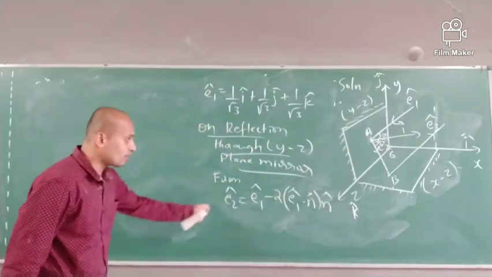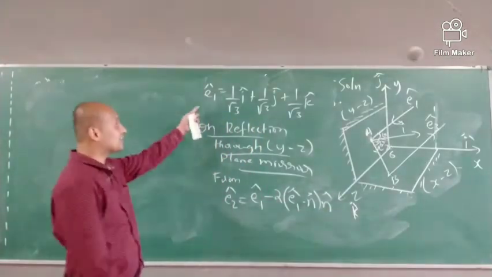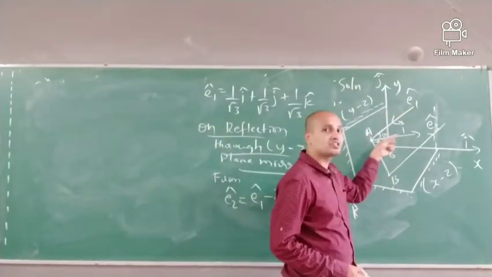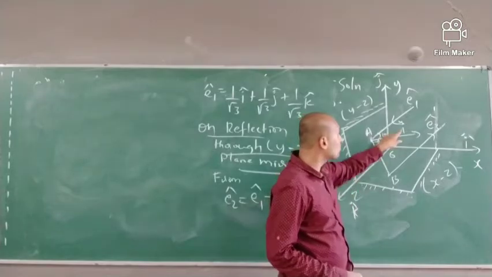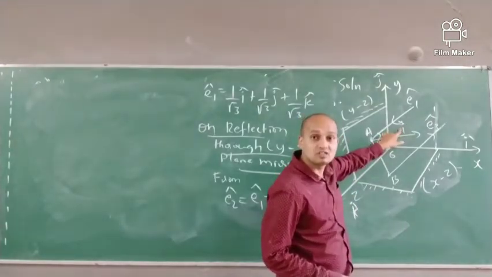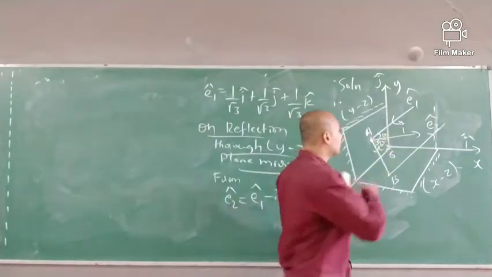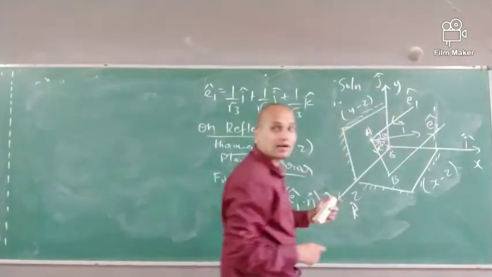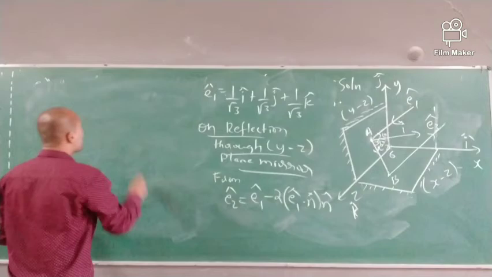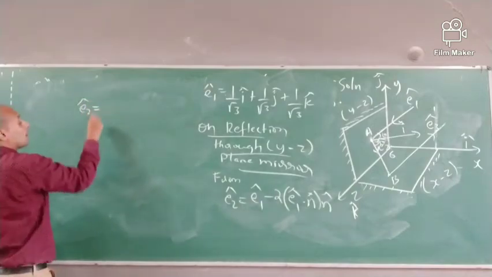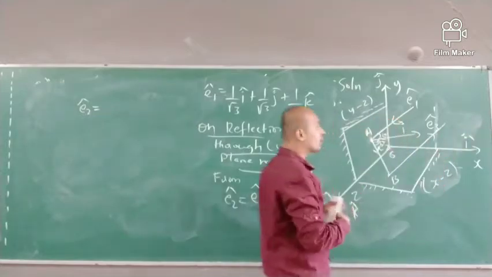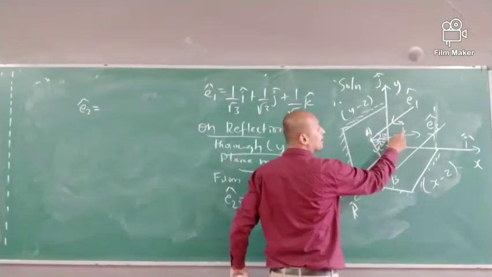correct now? From this formula, if I apply directly, see here, incident ray, which component is changing? According to the last problem, the I cap component is changing. I cap initially was like this, now it became like this. So which component is going to change after reflection? After reflection, the component normal to the plane of the mirror is going to change. Here the normal to the plane of the mirror is I cap.